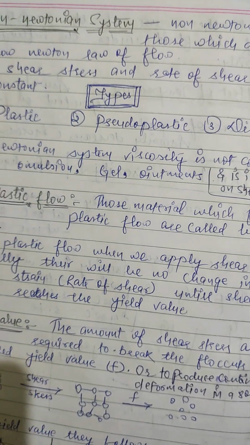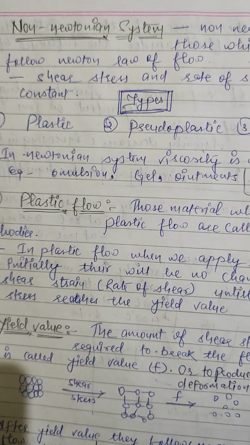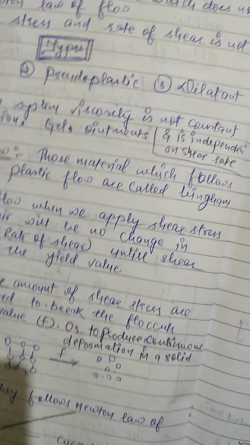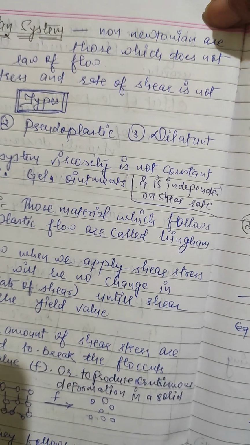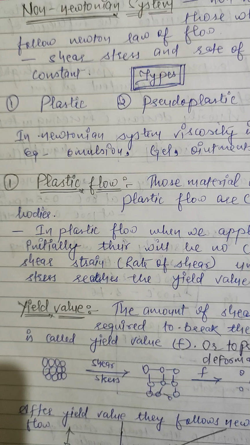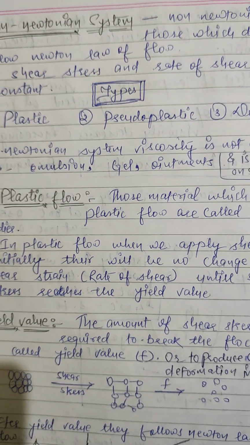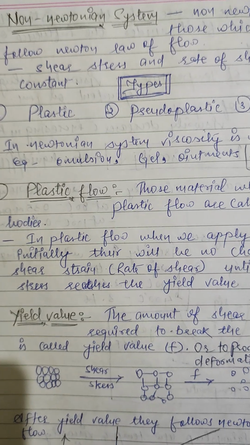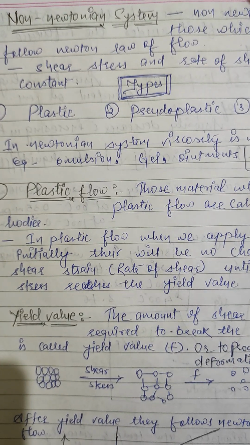So what are non-Newtonian systems? We just talked about it. The fluids which do not obey Newton's law are known as non-Newtonian fluids. Non-Newtonian fluids are those which do not follow Newton's law of flow. Shear stress and rate of shear are not constant. Here the shear stress and the shear strain both are not constant.